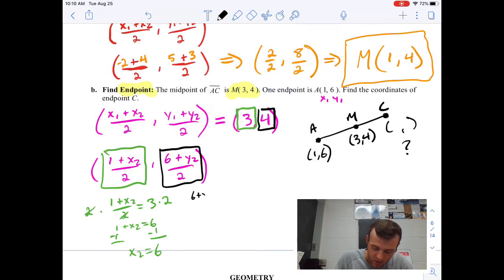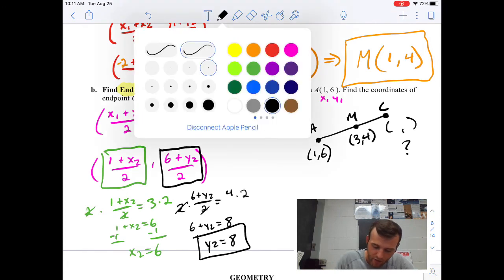We have 6 plus y2 over 2 equals 4. Multiply by 2 on both sides. 6 plus y2 equals 8. Take away 6 from both sides, and we get y2 equals 2. So these right here are kind of our final answers.